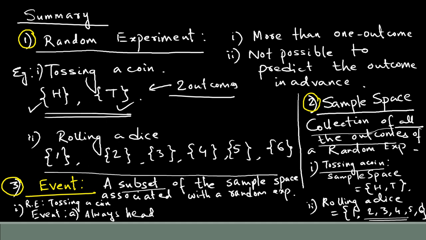So what will be the subset here? It will be H, right? H should be the favorable outcome. Let me go to another sheet. It will be more clearer if I do it here.